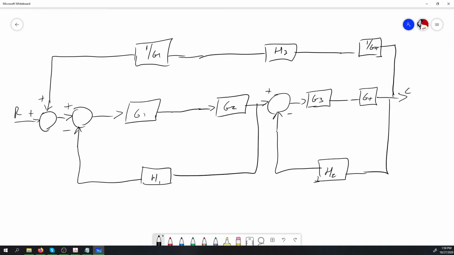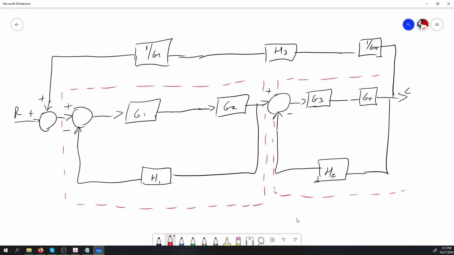Now, because we did this, and we moved very strategically in doing this, that means that this part here is now a negative feedback system. Dash this off here, to give you an idea. So that's a negative feedback system. And this here, also a negative feedback system.